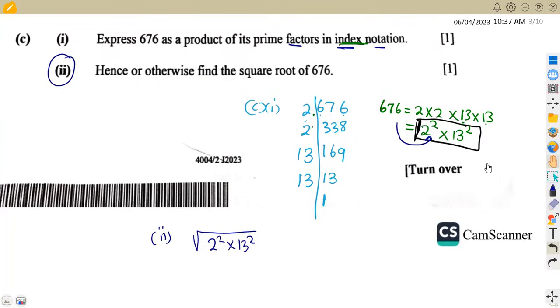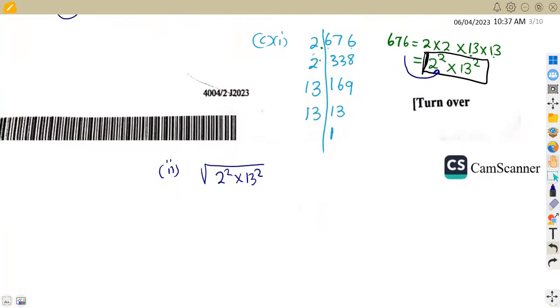Remember what we always say, that the square root and a square neutralize each other. So we can write this as the square root of 2 squared times the square root of 13 squared. The square root and the square cancel, and we remain with 2.